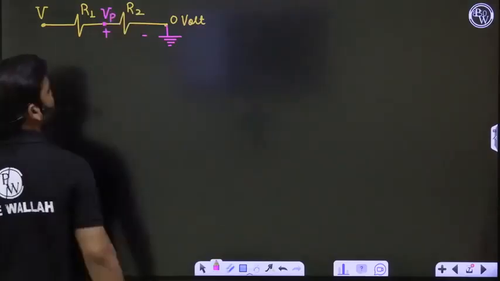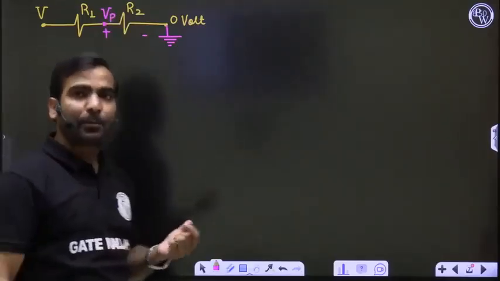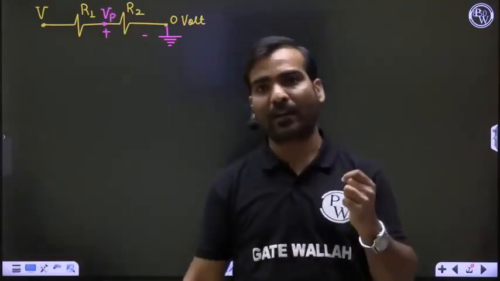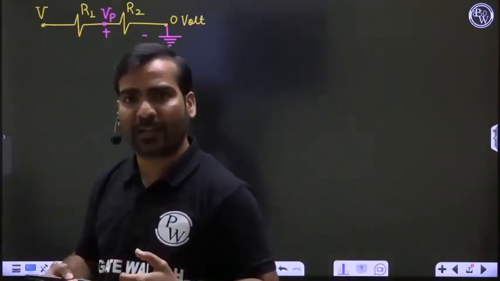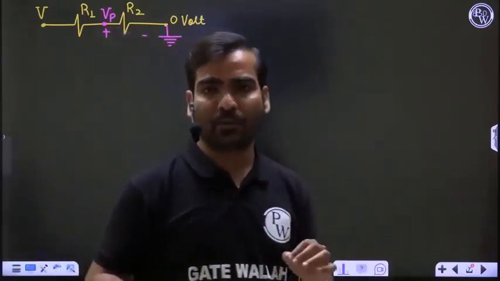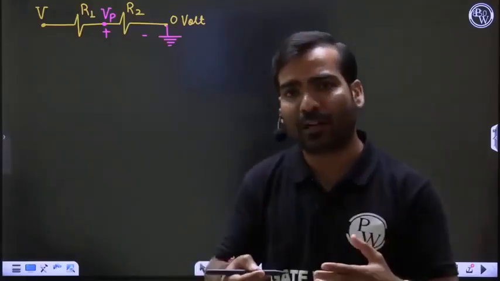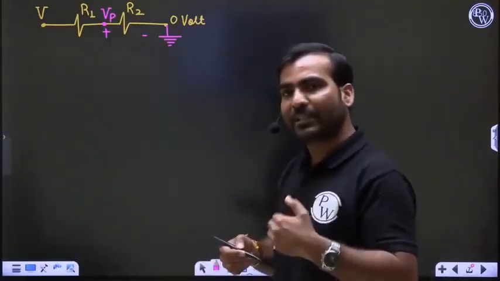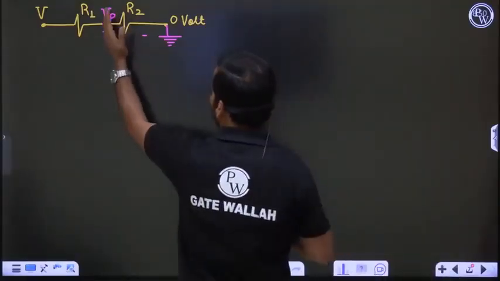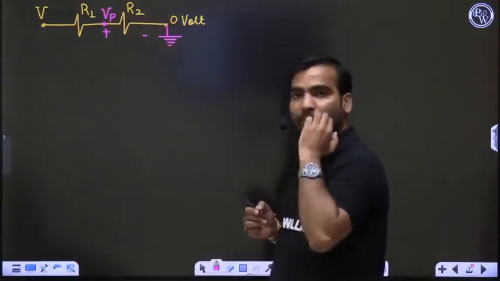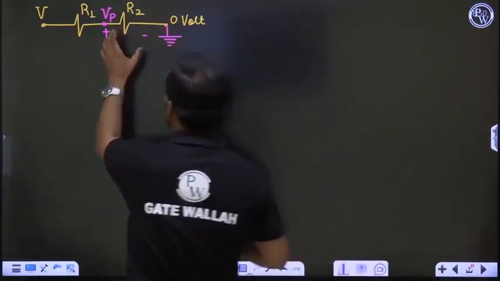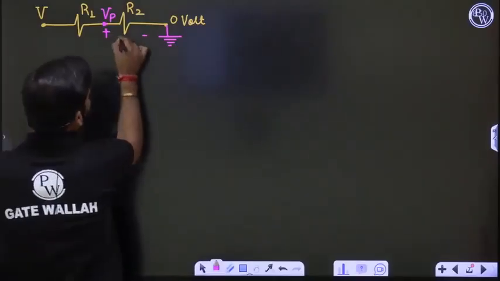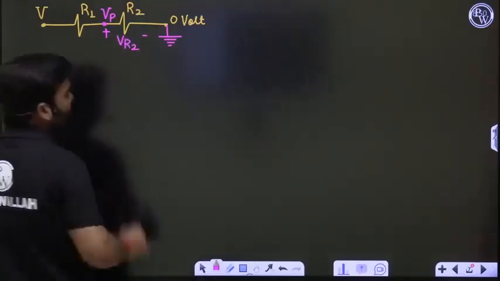What is the meaning of VP? VP is the node voltage with respect to ground. Always try to speak in network analysis: node voltage with respect to ground. So what is this node voltage with respect to ground? It is nothing but VR2 that we have calculated already.